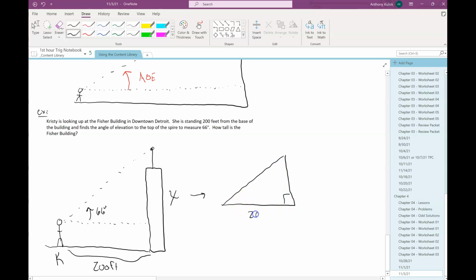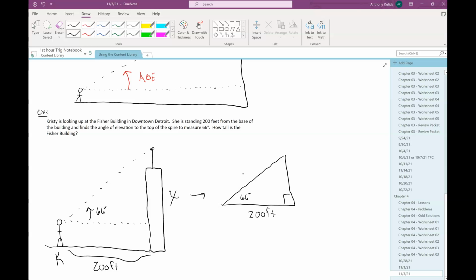Now, how can I assume that that's a right angle down there? So I assume there's a right angle there, right? Why was I able to do that? Emilio? Yeah, so you have a building built on the ground.